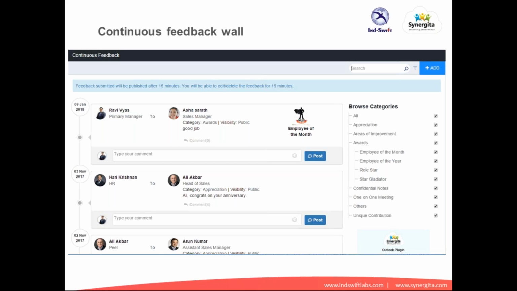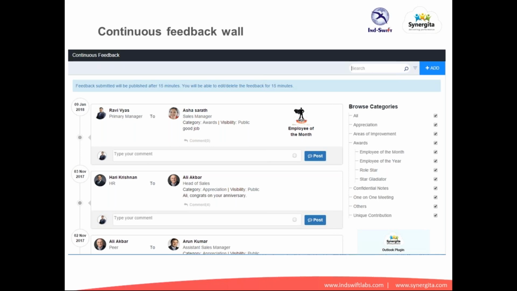That way you'll be able to reduce the recency errors, and you'll be able to handle a lot of practical scenarios, like the employee moving from one manager to another manager, and a new manager has taken over, and this module will help the new manager understand the employee performance history and how they have performed during the previous several months. All this information can be accessed in one portal.